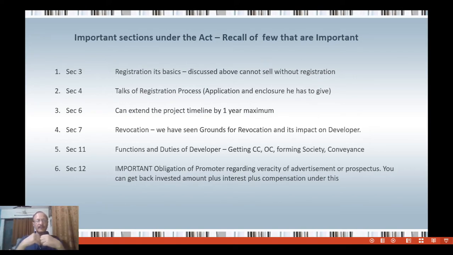Now, if the builder has a genuine reason for which he could not do it, and which RERA feels was very genuine and he could not have done it within the period given, then they can give an extension to him also within this 1 year.